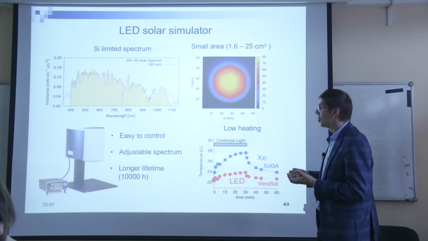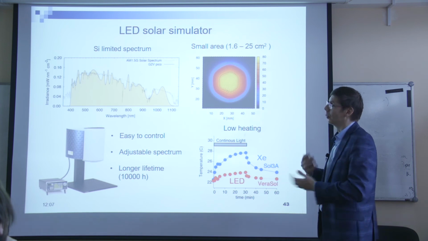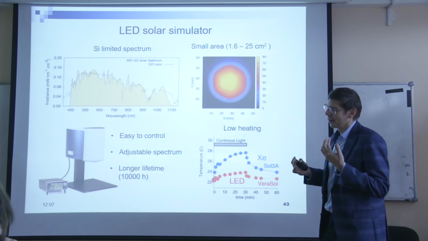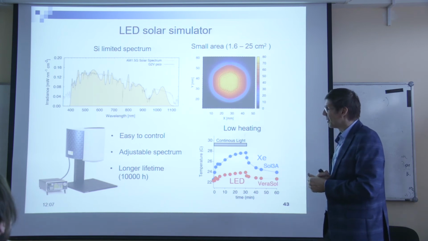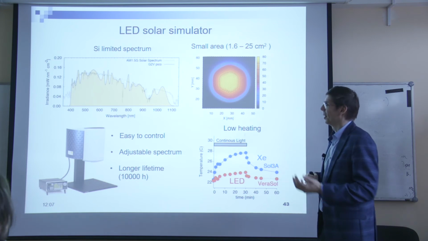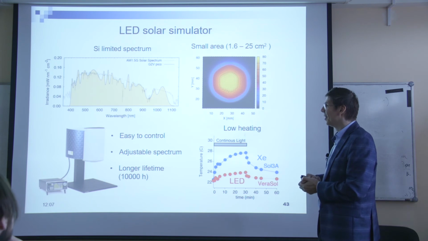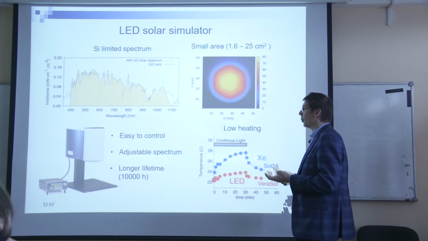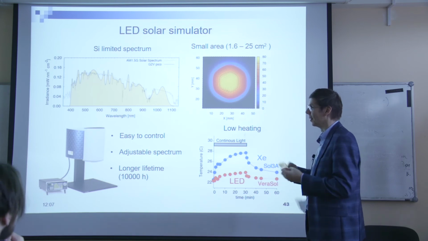The main advantage, as told, is that electronics allows you to control the spectrum. And with a xenon lamp, it's very nice in terms of the spectrum, but really not easy to control, because first of all you have to think about ignition of this source.